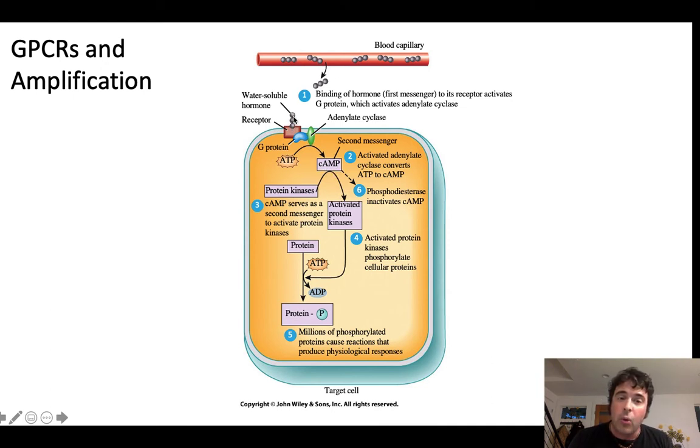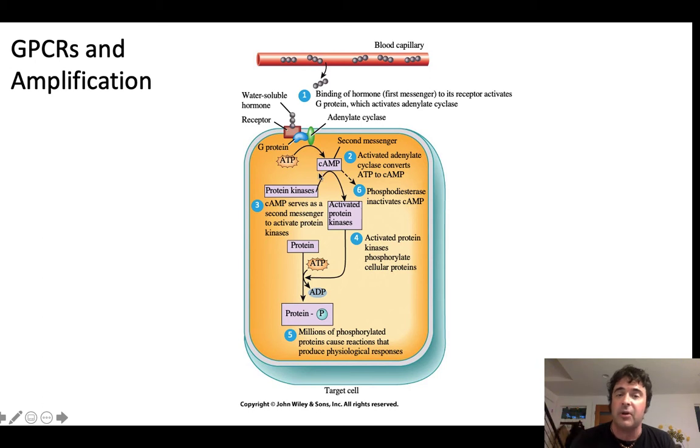For every hormone that binds, you get the activation of one G protein, one adenylyl cyclase. Each adenylyl cyclase can convert, let's say, 1,000 ATPs into cyclic adenosine monophosphates. So from a single molecule binding, you now have 1,000 activated secondary signaling molecules in the cell.